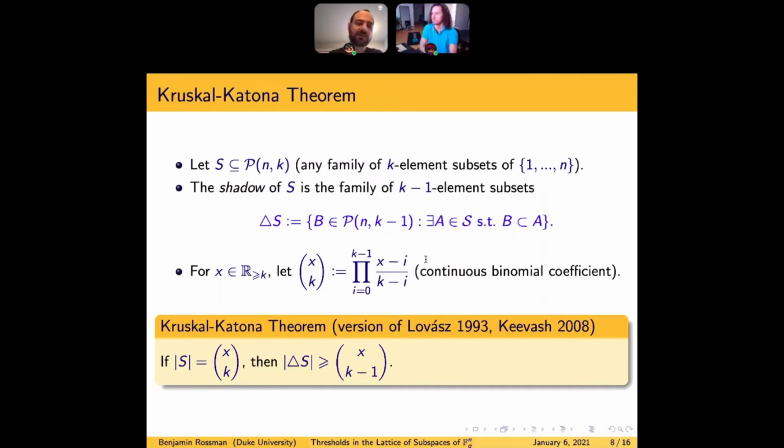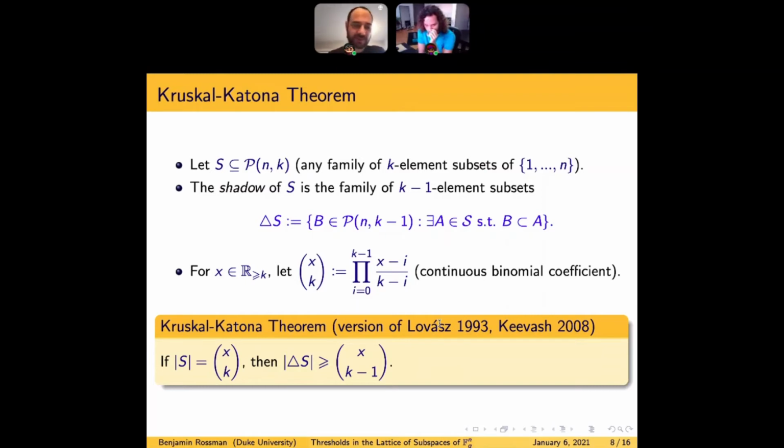The shadow of that family S consists of all k minus 1 element sets which are contained in some element of S. And we can consider a continuous version of the binomial coefficient for any real number x, defined by the following polynomial.